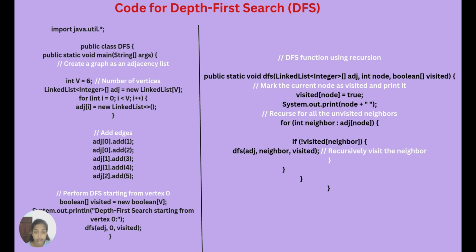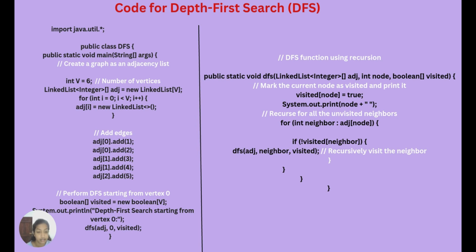DFS function. The program defines a recursive DFS method to perform the depth first search. The function is called starting from vertex 0. Public static void DFS LinkedList Integer adj, int node, boolean visited. The function receives the adjacency list adj, the current vertex node and the visited array.